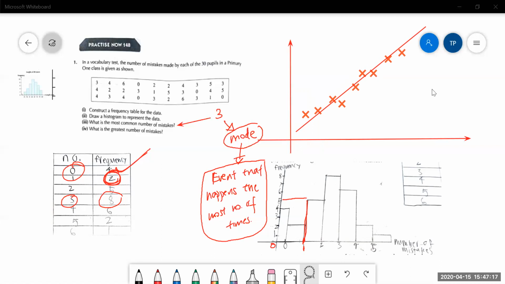As you can see, all the points are congregating over here, but suddenly there is an unknown point over here. So this is what we call the outlier.